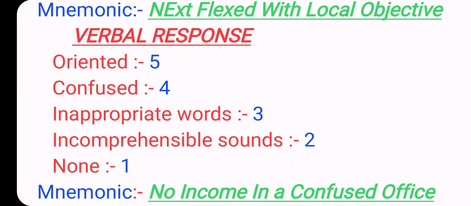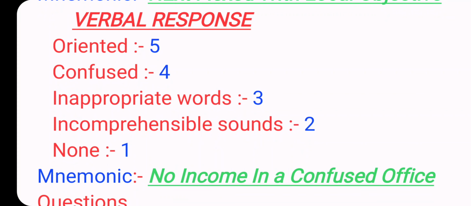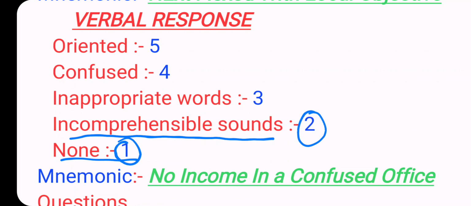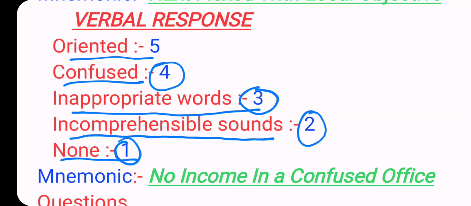Next one is verbal response. None has a score of 1, incomprehensible sound has a score of 2, inappropriate word has 3, confused has 4, oriented has 5. The mnemonic for this is: No income in a confused office.